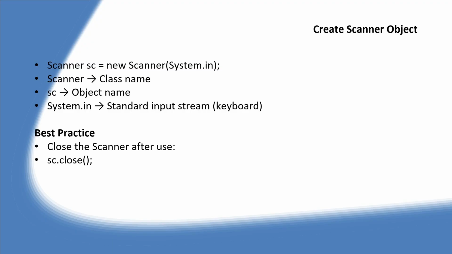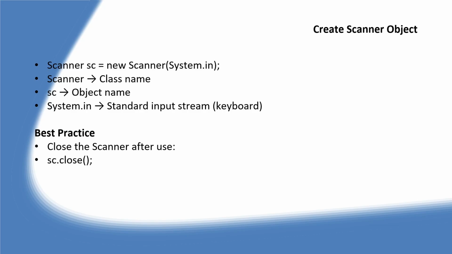To use the Scanner class, we first create an object. So Scanner sc = new Scanner(System.in). Here sc is the Scanner object name.